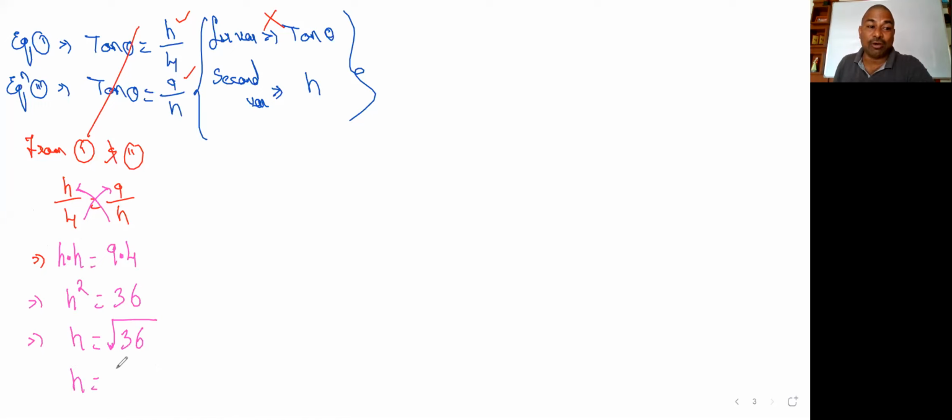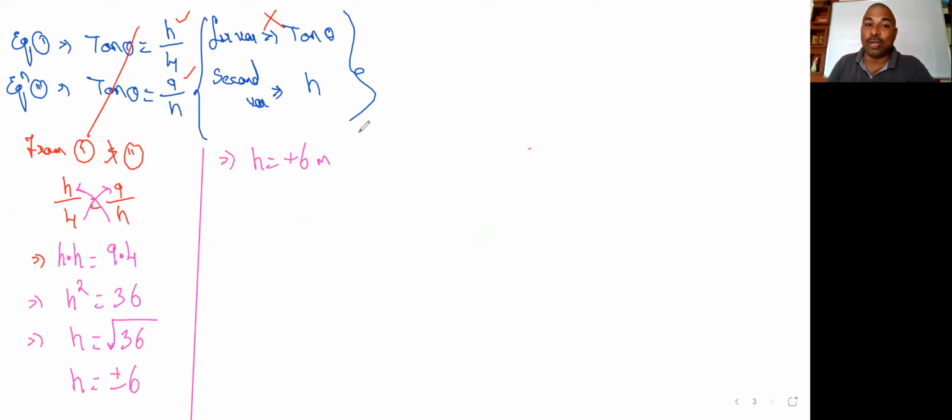Now, h is equal to plus or minus 6. But let us take h is equal to only plus 6 meters.